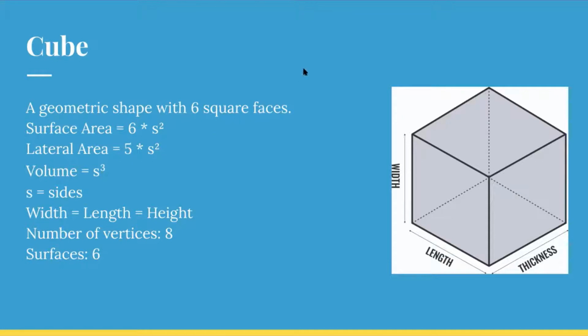In this case, s equals the side, so all the sides in the cube are equal to each other. The width equals the length equals the height, and it has 8 vertices and 6 surfaces.